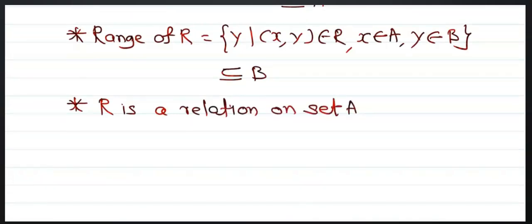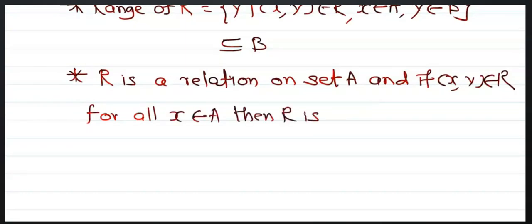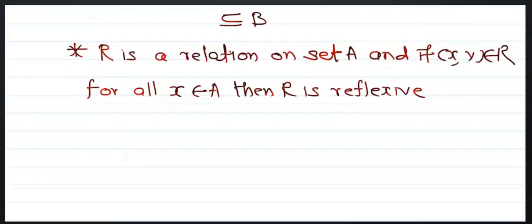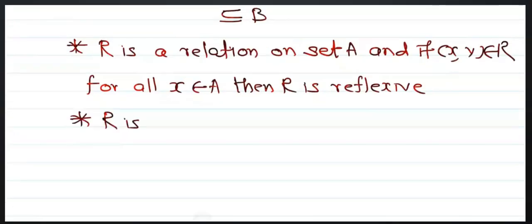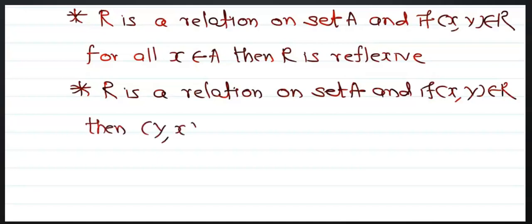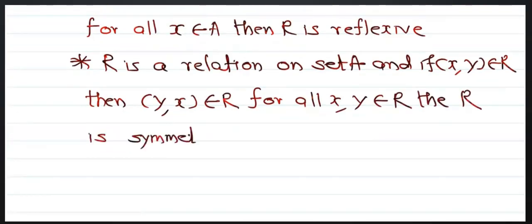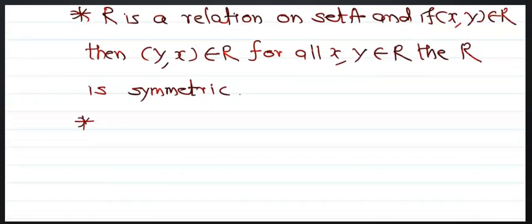R is a relation on set A, and if (x, x) belongs to capital R for all x belongs to A, then R is reflexive. R is a relation on the set A, and if (x, y) belongs to R, then (y, x) belongs to R, for all (x, y) belongs to R, then R is called symmetric.